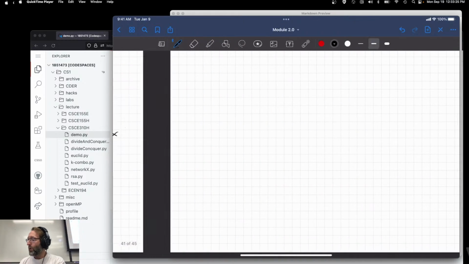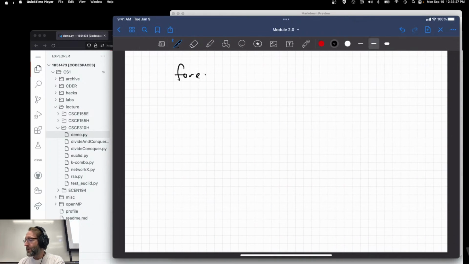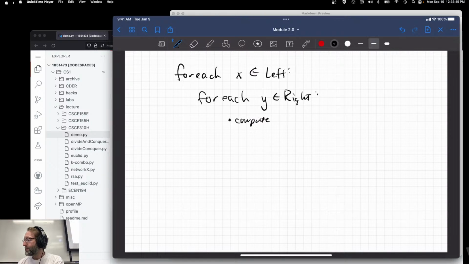So, for example, for each x in the left partition, for each y in the right partition, we have to compute the distance between x and y. And then if that's less, then we've found a pair that's closer.